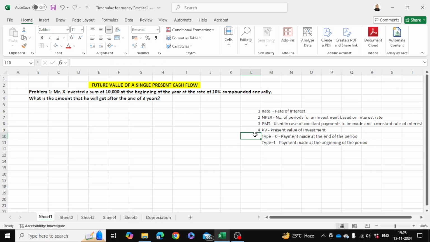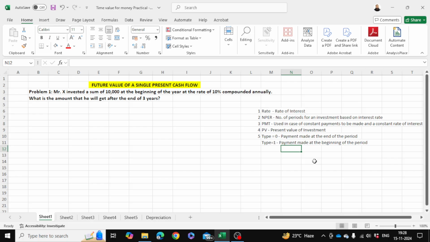Fifth one is type. Type can take the value of 0 or 1. If the payment is made at the end of the period, you take type equals 0, and you take type equals 1 when payment is made at the beginning of the period. It will be specified in the question whether the payment is made at the end or at the beginning of the period.